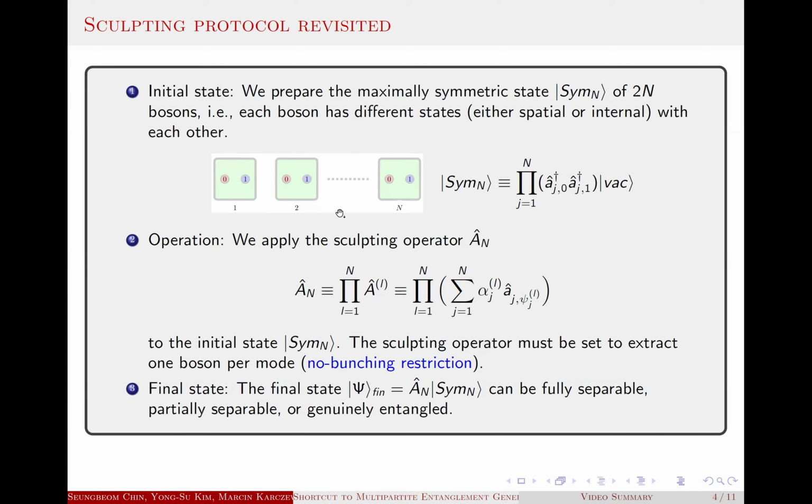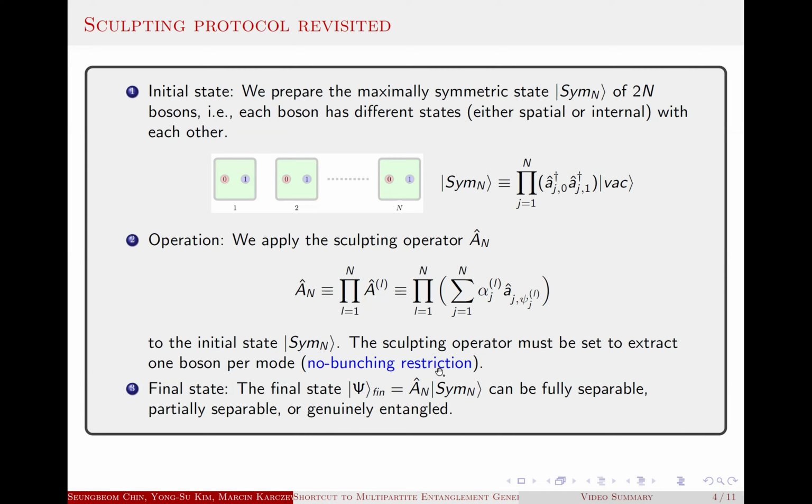Then we apply a sculpting operator a_n to the initial state, and it subtracts n bosons so that each mode has only 1 boson after the operation. We need to set the amplitudes of the sculpting operator to extract 1 boson per mode.